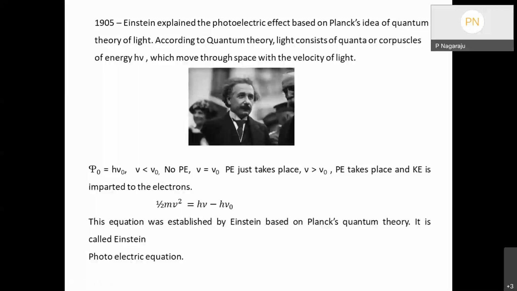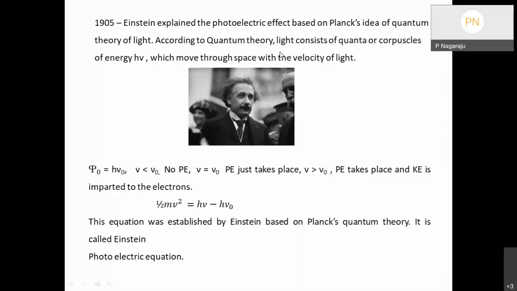In fact, the literature says that Max Planck was literally upset, thinking that no one was able to use his quantum theory. It was Einstein who used Planck's quantum theory and explained the photoelectric effect.